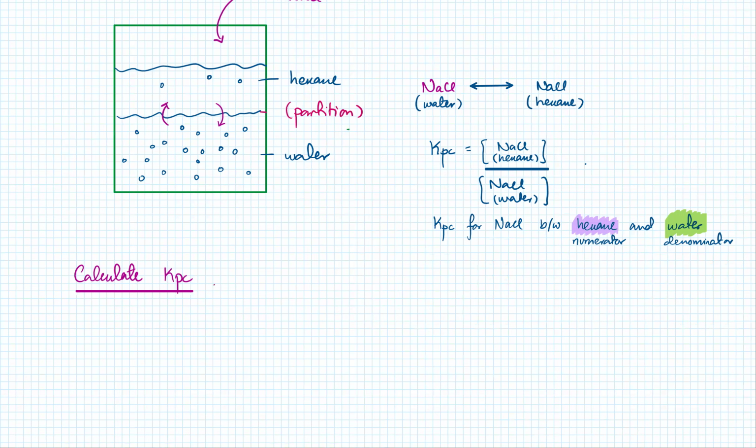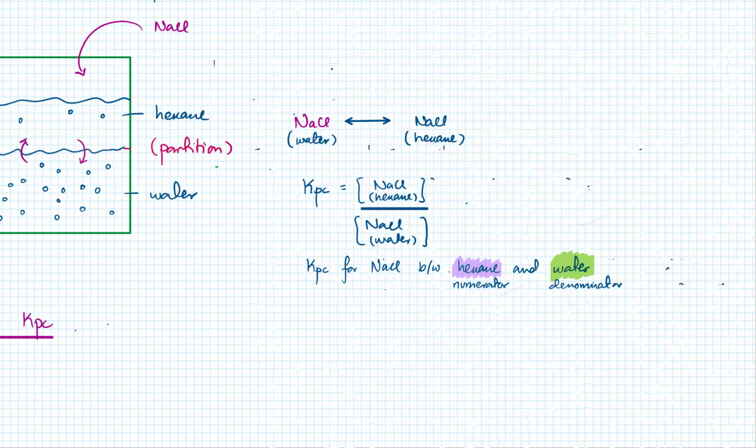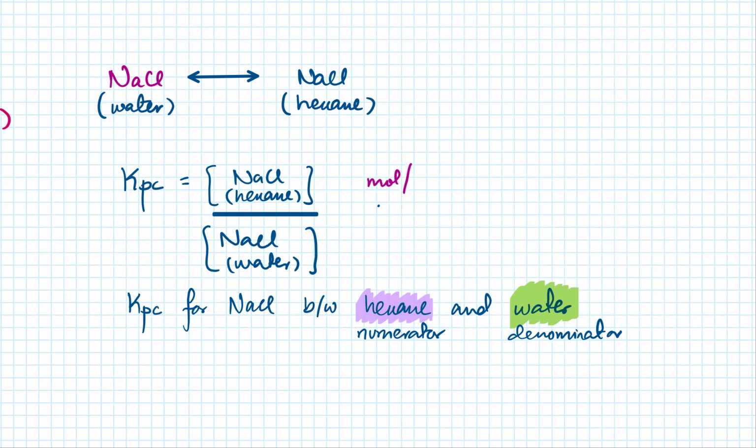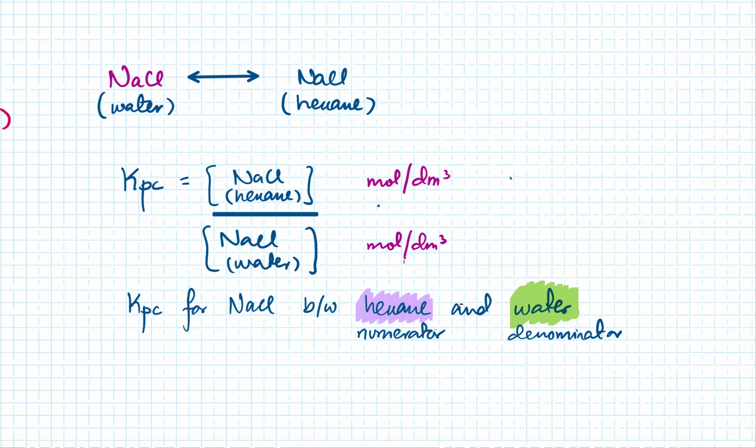So what they're going to state is, one other thing. The thing with KPC is, what is concentration? It's mole per dm cube, right? What is moles? Moles is mass divided by Mr, per dm cube.